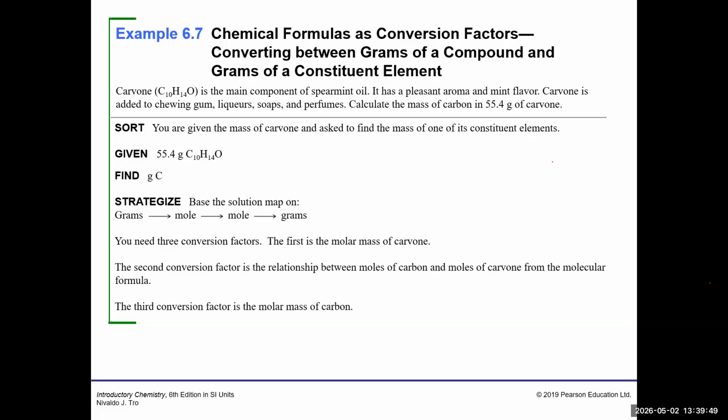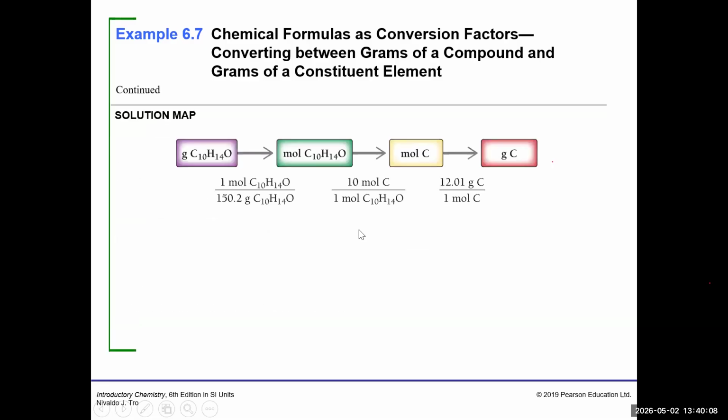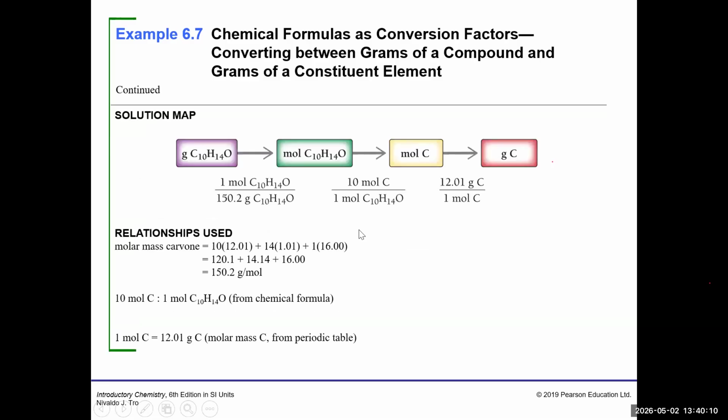Once we get the moles of carbon, then we use the molar mass of carbon to get the grams of carbon. Then we are good. So grams to moles, and then moles to moles, and then moles to grams. All right. So that's how we do it. So now let's see.